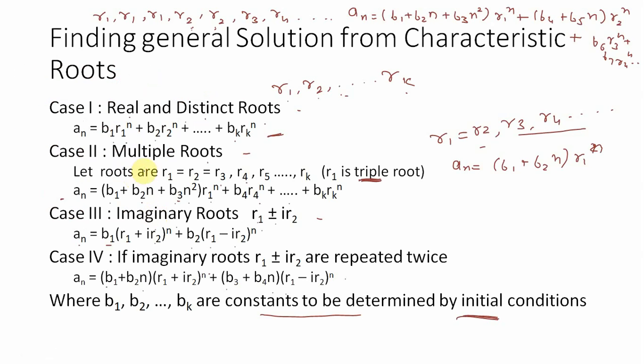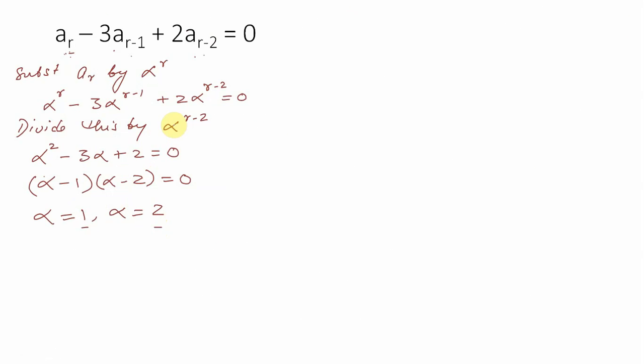In case of real and distinct roots, the homogeneous solution is given as b1 r1 to the power n plus b2 r2 to the power n, since I have only two roots. Here r1 and r2 are 1 and 2.